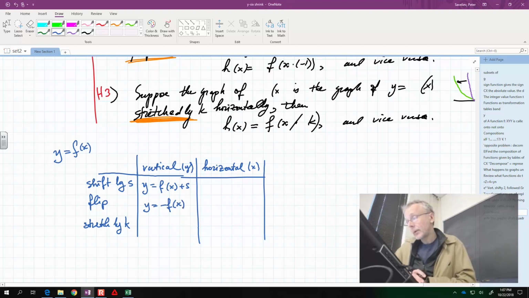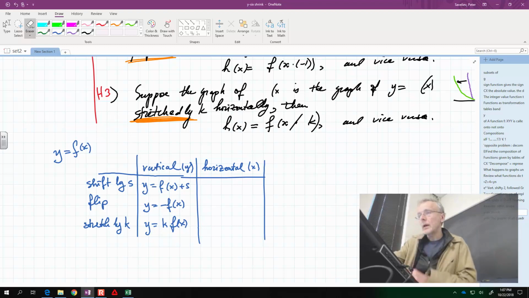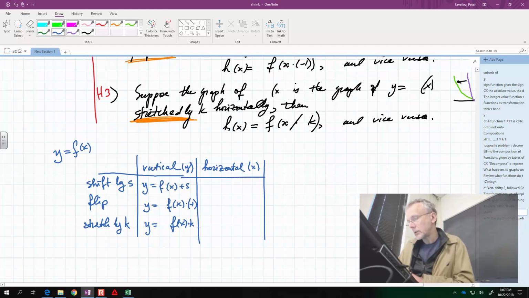There's the flip, multiplication by the negative sign, and stretch is you multiply by k. Let me maybe rearrange the terms here and put the function followed by the operation. So I multiply by -1, I multiply by k here.